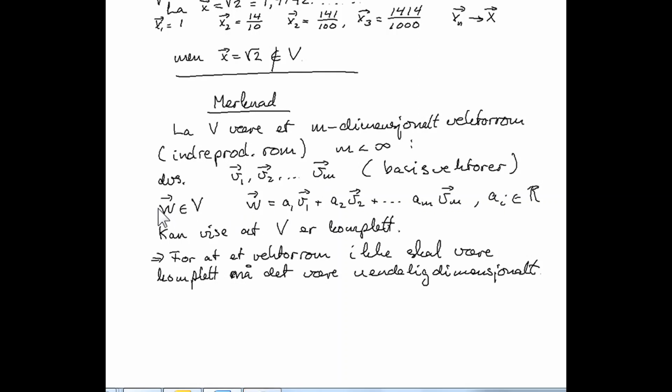So that means that any vector w in V can be written in the following form, where ai is an element of R. It's possible to show that such a space is complete. That's not trivial to show, but it's possible. So in order for a vector space to not be complete, it must be infinite dimensional.